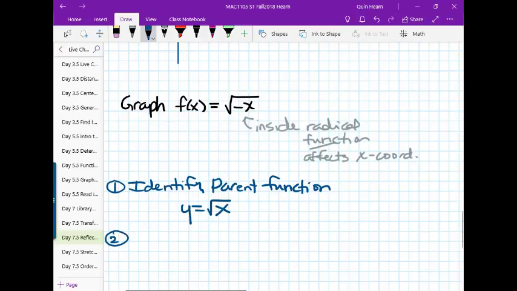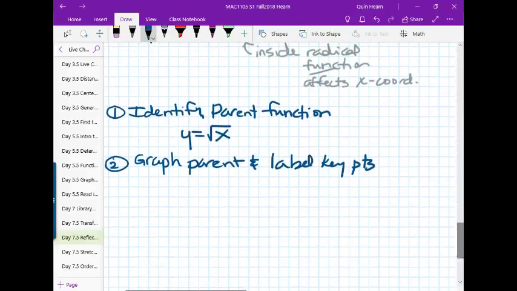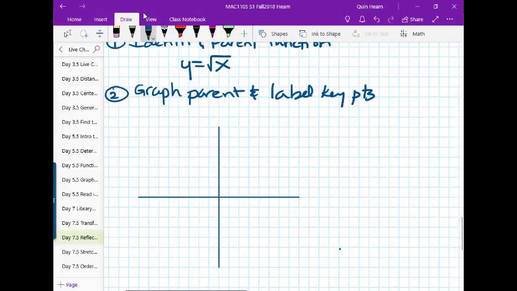Second, we're going to graph the parent function and label its key points. Okay, so in this case, once again, we have the parent function that looks like half of a parabola going to the right.